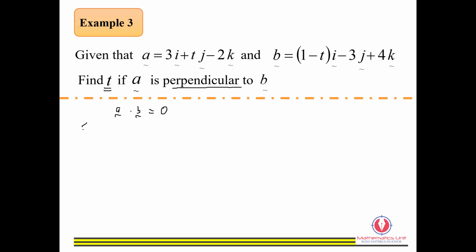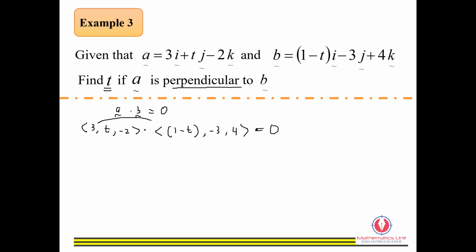So we just substitute vector A, (3, t, negative 2) dot with vector B, (1 minus t, negative 3, 4), and this must equal 0.